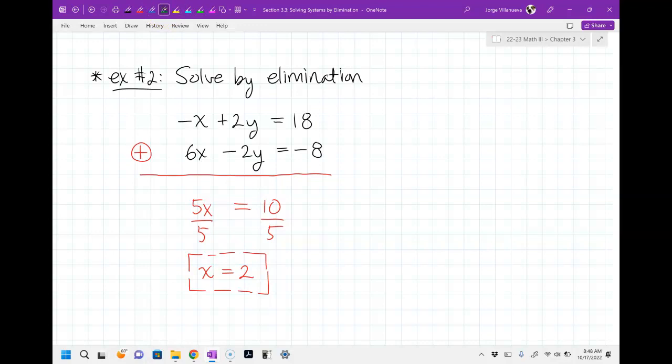I'm going to plug it into the top equation: -2 plus 2y equals 18. That's me plugging in the 2 where the x goes on the very top. Now that becomes -2 plus 2y equal to 18.